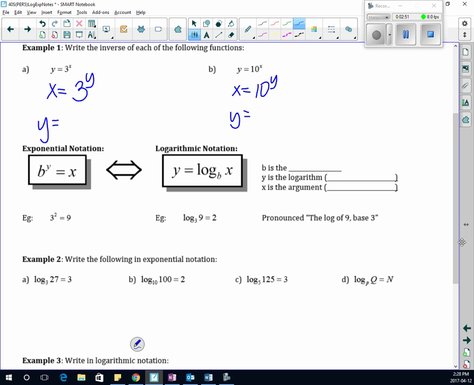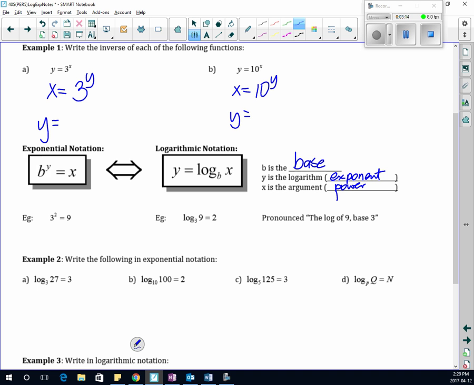So we'll have the argument, it's a big word. b is the base, so it's the base in both. y is the exponent in the exponential form.